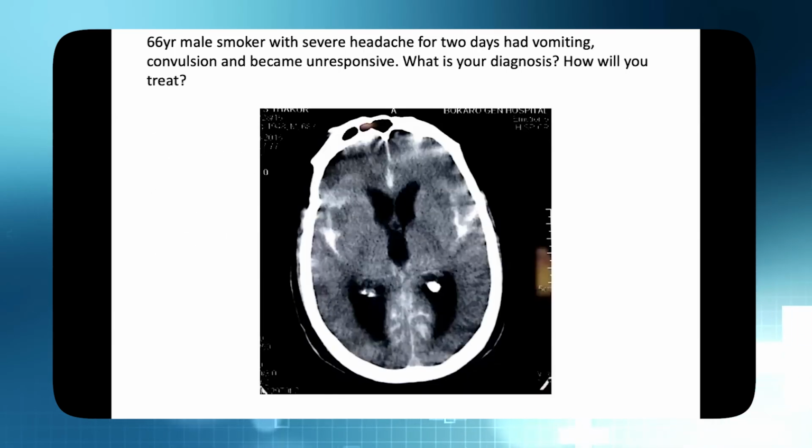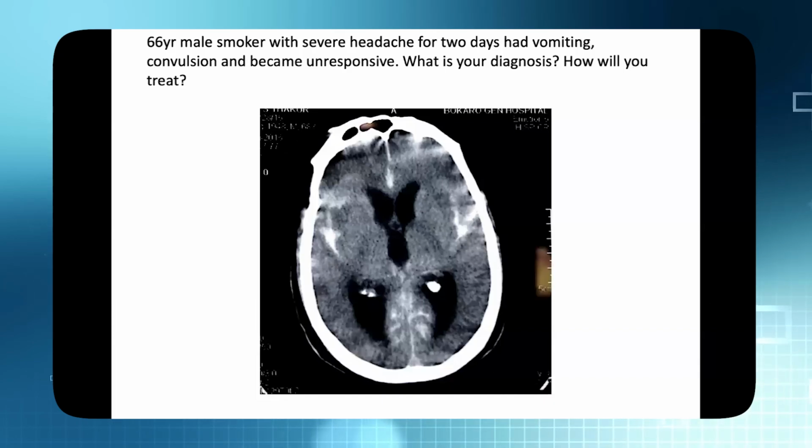Now here, cerebral edema. Subarachnoid hemorrhage. Ventricular subarachnoid hemorrhage with dilated ventricles, hydrocephalus developing as a complication of SAH.